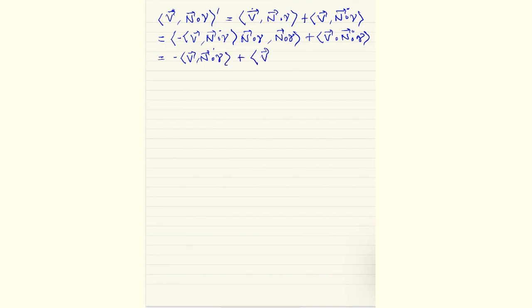Oh, I see. So this just pops out to be 0, and the derivative here of that is 0. So what we have shown is that this is constant along the curve. That is, the pairing of the vector field with the normal along the curve is constant along the curve.